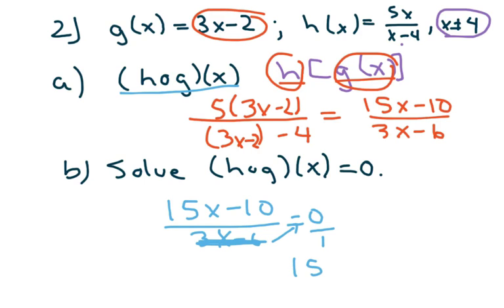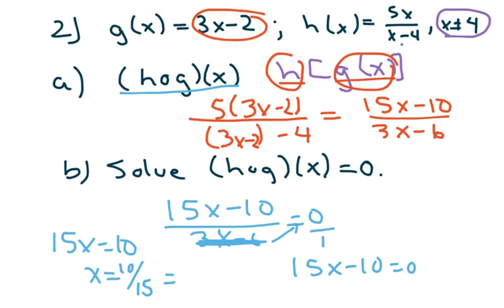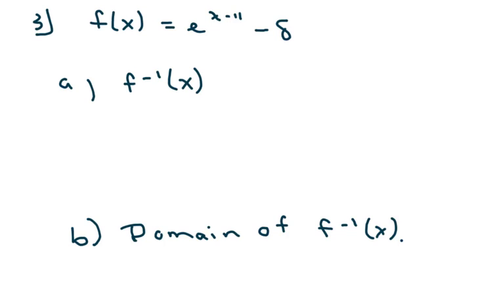So you get 15x minus 10 equals 0. So solve for x. I'll move it over here. So you get 15x equals 10. X equals 10 over 15, which is basically 2/3 would be your answer. And that's all you have to do. It's pretty simple.